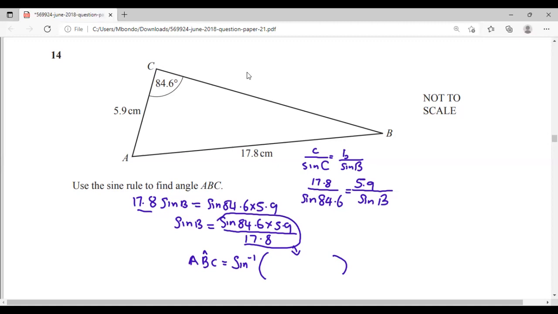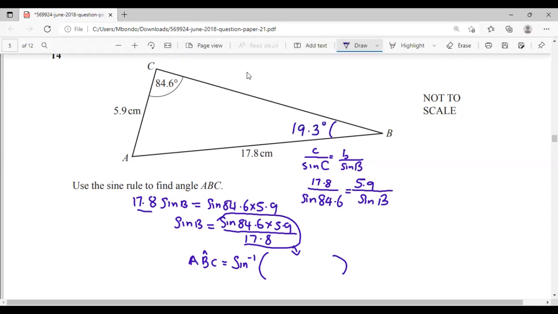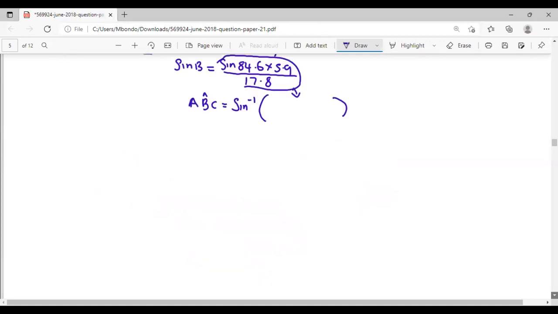We're going to get the final answer here, which is this angle. It's going to be 19.3 when you round off to one decimal place. That's what we're going to get.